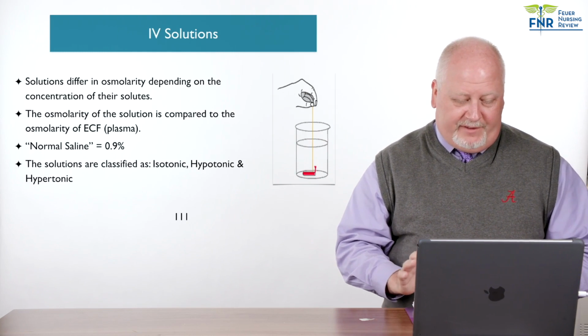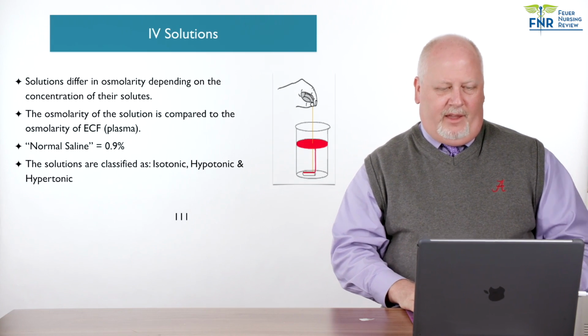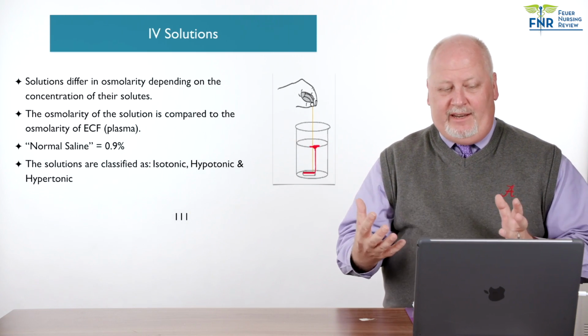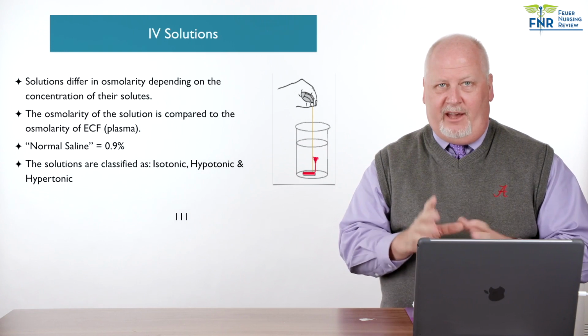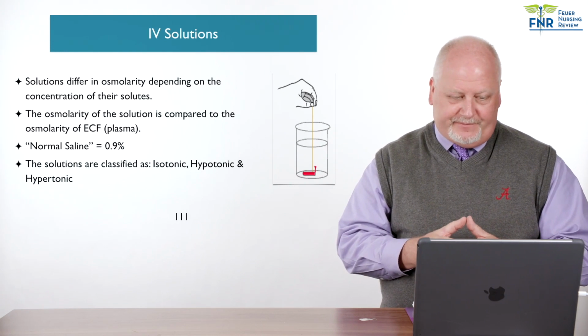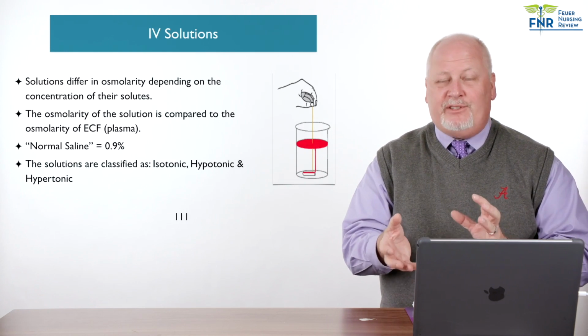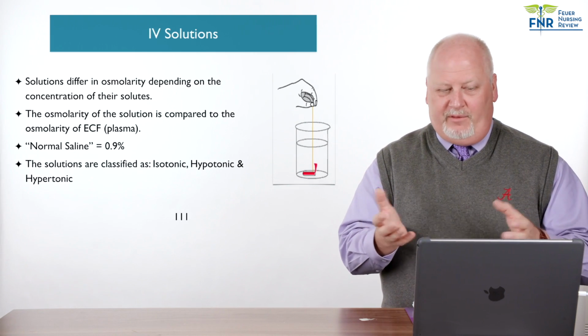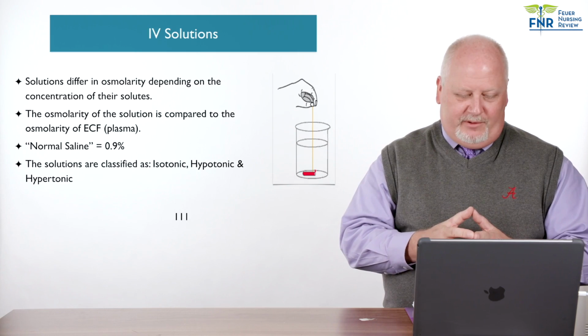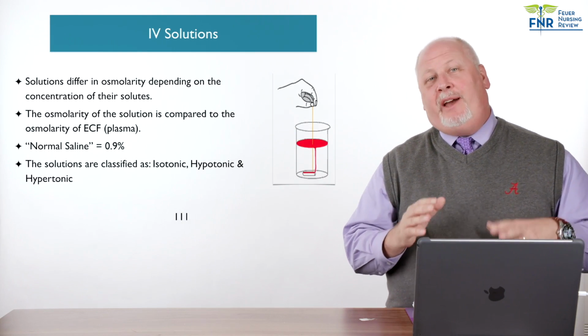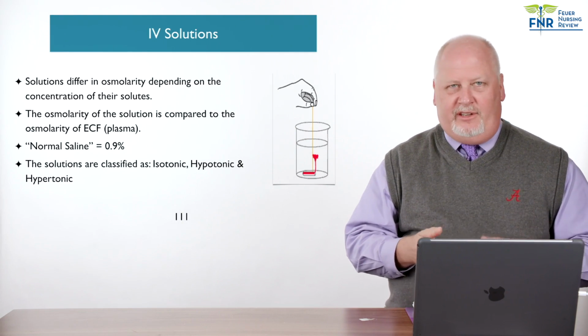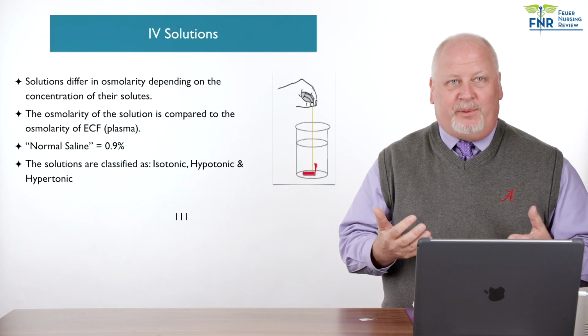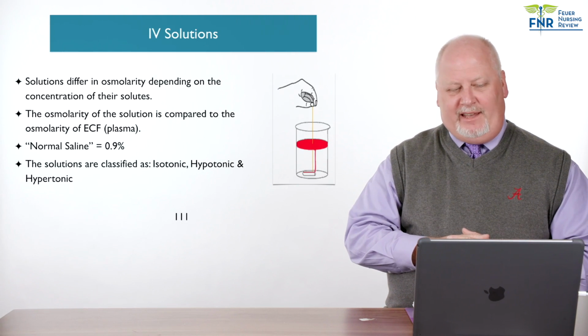A little bit about IV solutions. They kind of differ in osmolarity depending on how their solutes are concentrated and how it compares to the osmolarity of the blood, of the plasma. So you're probably familiar with normal saline, and you might have seen that normal saline is actually called 0.9% normal saline.